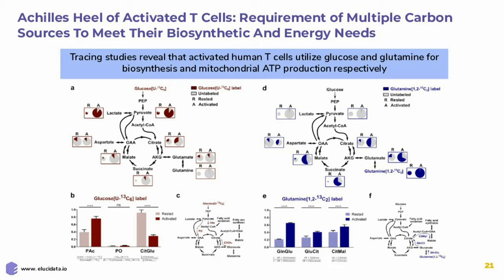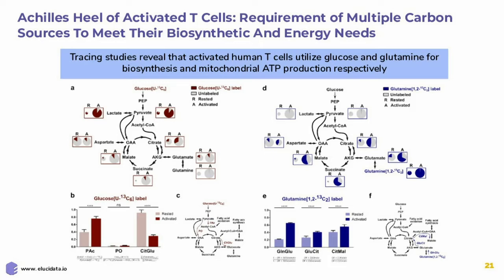But in contrast, we found that there was a massive reprogramming in activated T cells in how the cells utilize the glutamine. As you can now follow the pie chart, you can see that the proportion of glutamine label in the various metabolites, glutamate and succinate, is very different in the activated versus resting T cells.